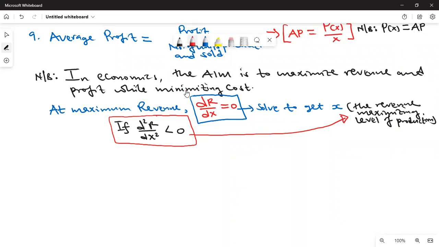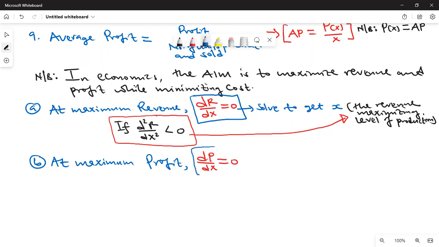Let's also see, how do we maximize profit? This was part A. Part B, at maximum profit, what we require is that the derivative of the profit function with respect to x must be equal to 0.